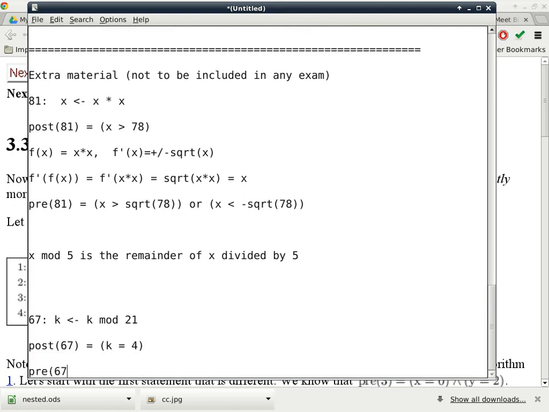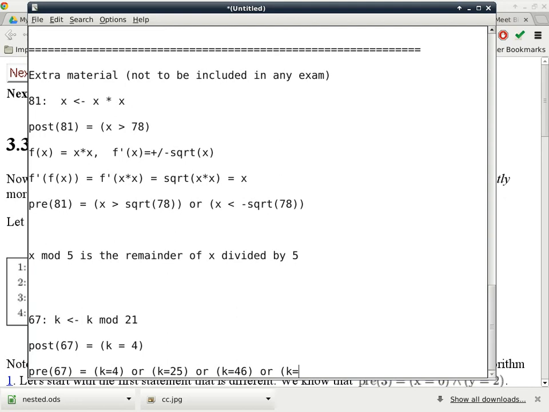But what can I say about the precondition? Well, K can be 4. Or K can be 25, right? Or K can be 25 plus 21, which is 46. Or we can go negative, like negative 17, because the concept of a remainder applies to negative values as well.